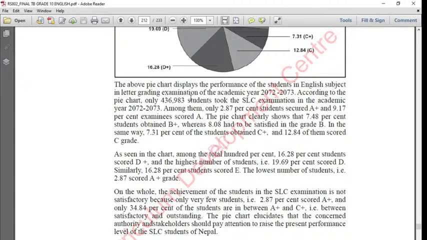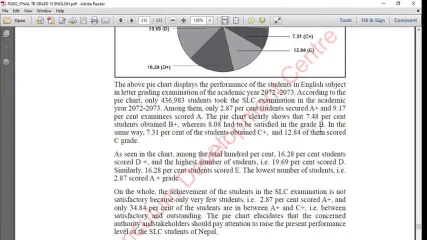436,983 students took the SLC examination in the academic year 2072-2073. Among them, only 2.87% students secured A plus and 9.17% scored A. The pie chart clearly shows that 7.48% students obtained B plus, whereas 8.08% had to be satisfied with grade B. In the same way, 7.31% of the students obtained C plus and 12.89% of them scored C grade.